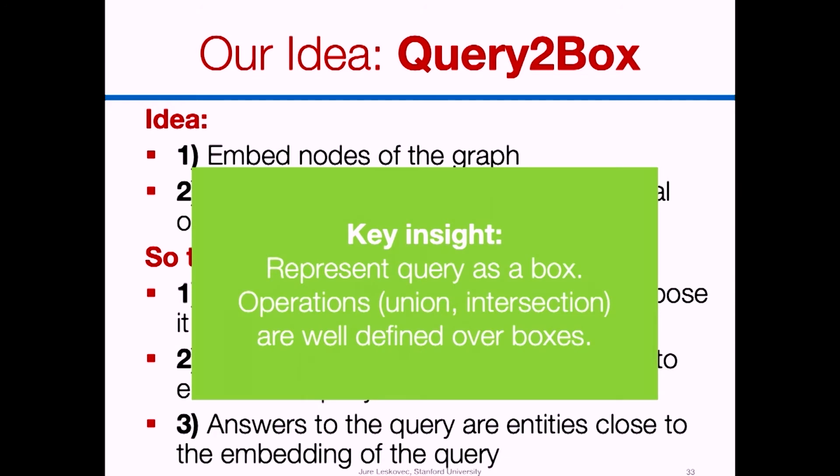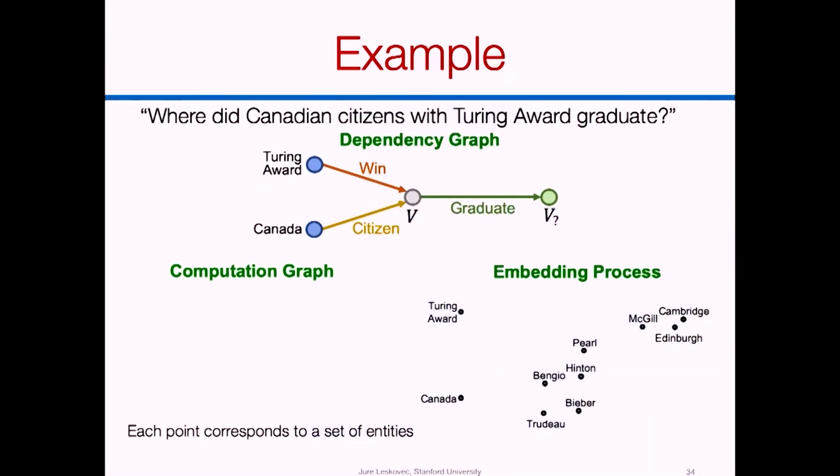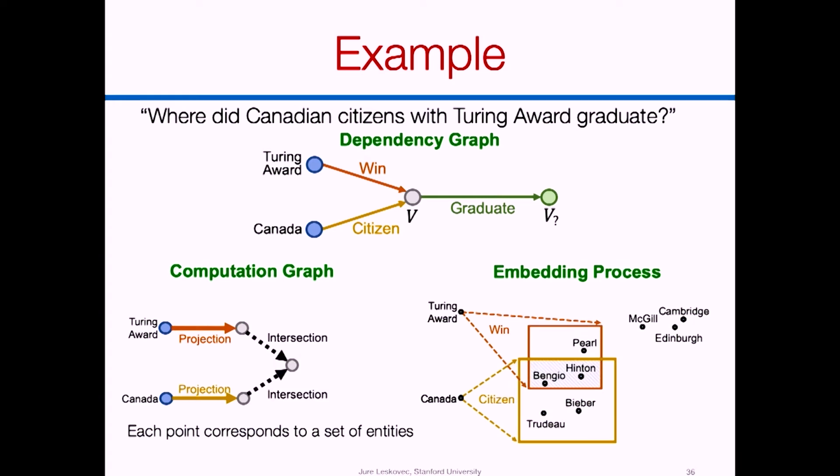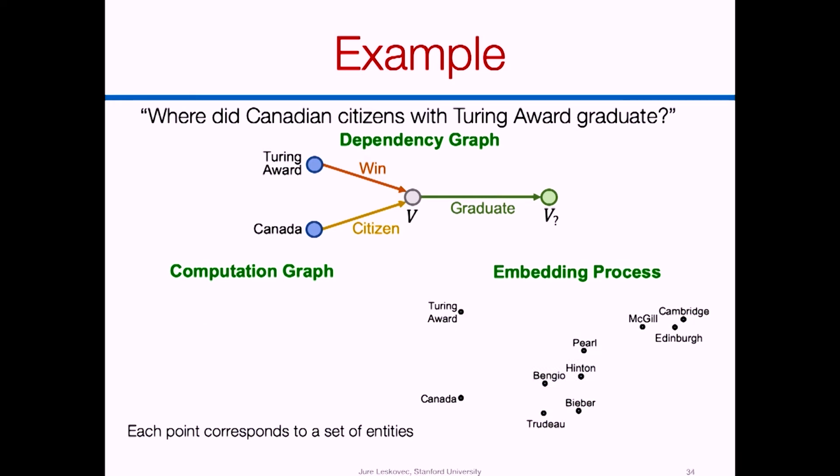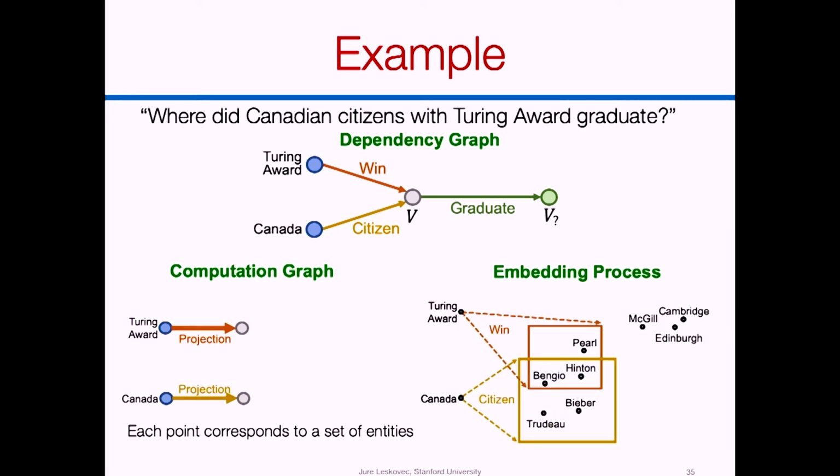Just to give you an example, what's our key insight? Our key insight is to represent queries as boxes in the embedding space. I'll quickly show you why this is a good idea. Imagine I want to answer the query about where Canadian citizens graduated. Let's start with the Turing Award node and apply the win operator, which gives me a box.